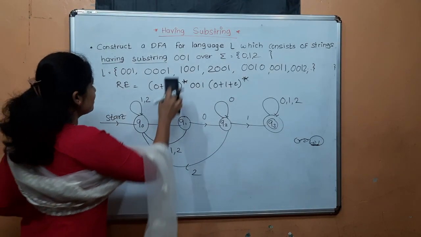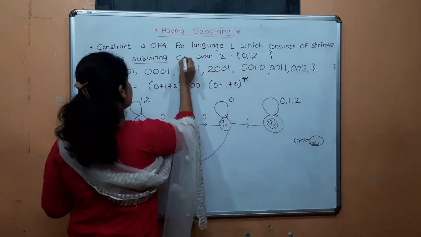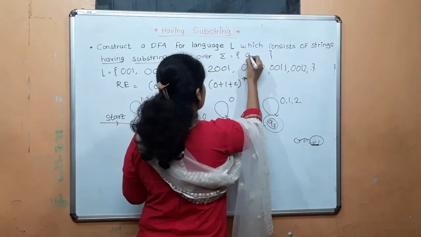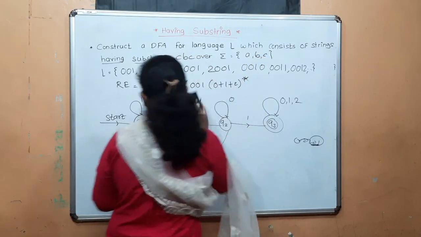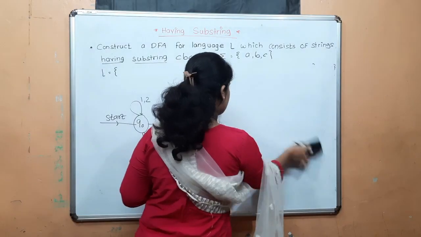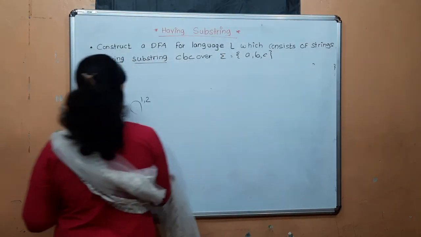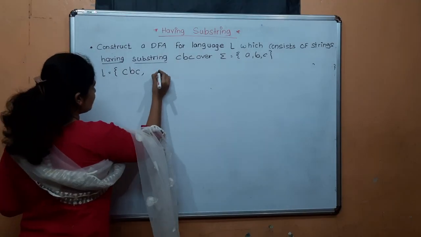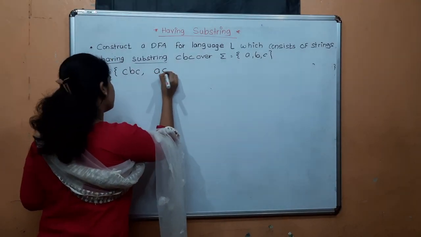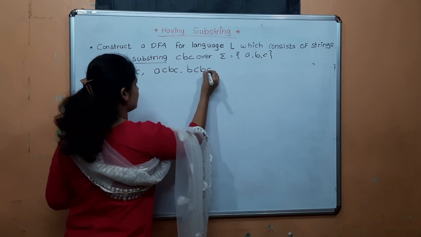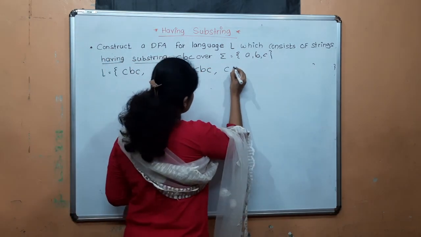Next, having substring CBC over the alphabet A, B, C. Now write the language. The smallest string will be CBC. It can start with A CBC, B CBC, or C CBC.